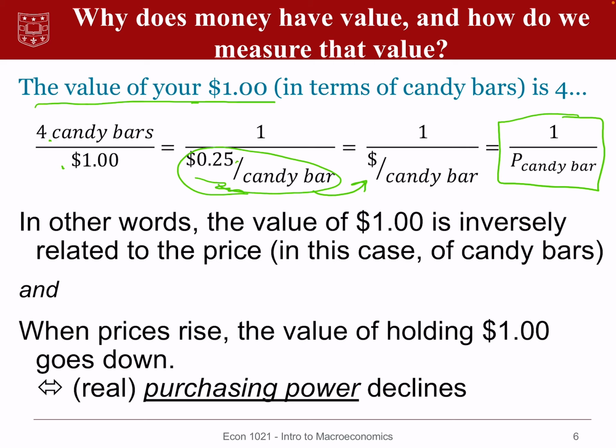And then to continue with what we saw in the previous slide, obviously, when the price rises, then the value of holding $1 goes down, or in other words, its purchasing power declines. So putting real in here is in fact redundant. When we say purchasing power in economics, we're talking about the ability to purchase physical goods and services. So it is real or inflation adjusted.